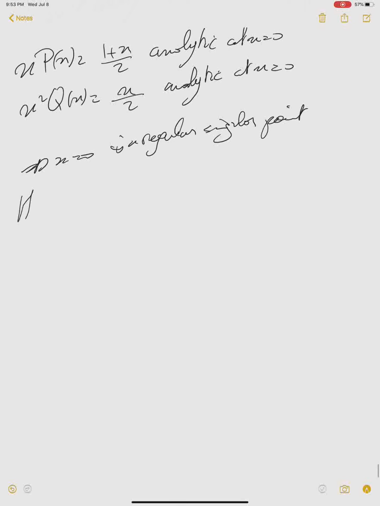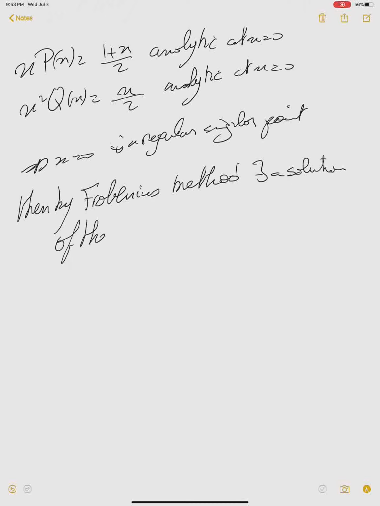Then by Frobenius method, there exists a solution of the form y equal x^r summation from n equals 0 to infinity of c_n x^n.